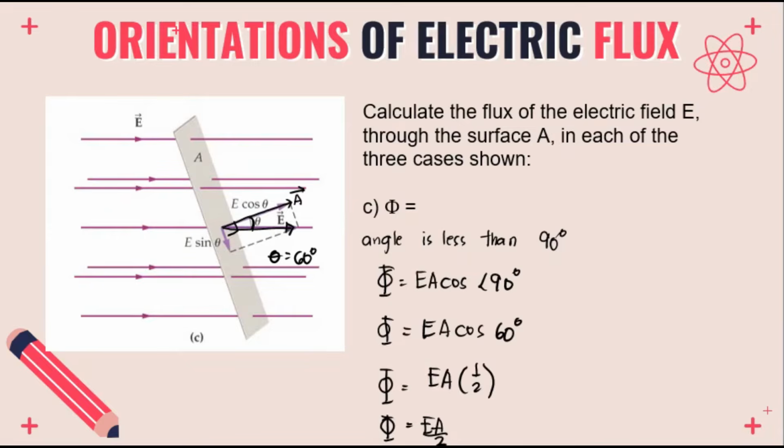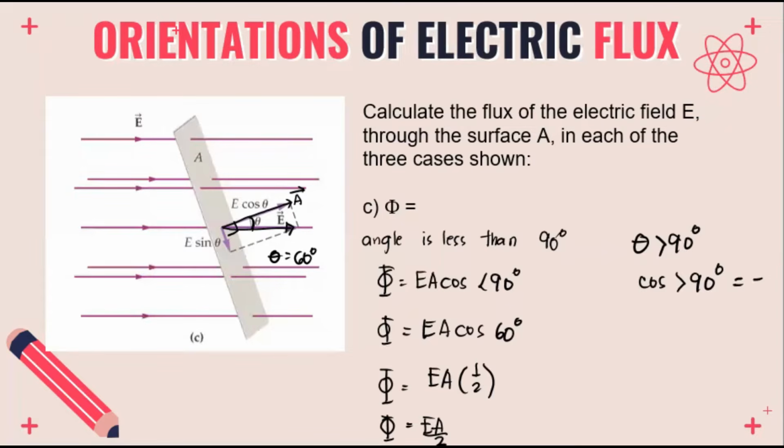So, what if our angle theta is greater than 90 degrees? Kapag greater than 90 degrees, cosine is negative. So, lahat ng i-cosine mo na mas malaki sa 90, ang magiging value mo dyan is a negative magnitude.